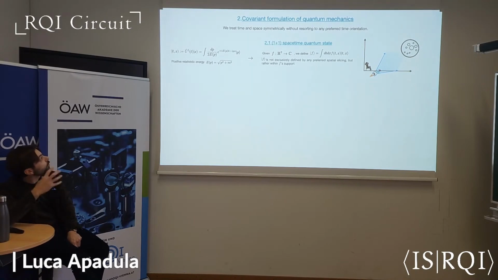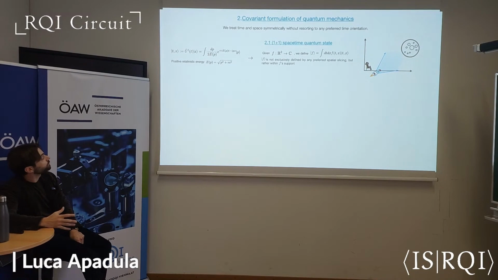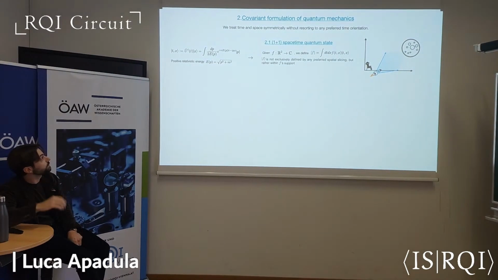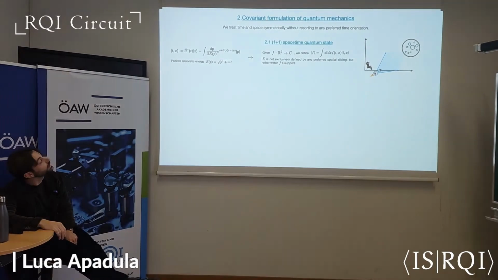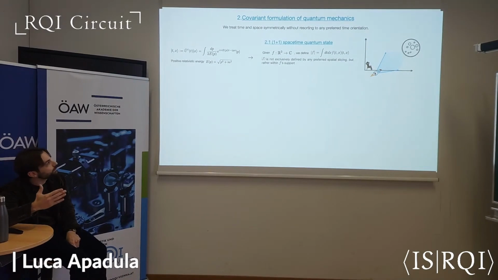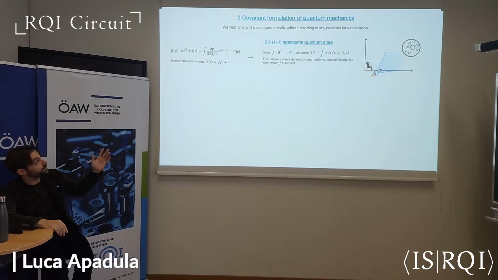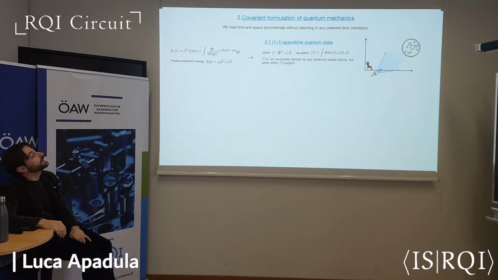So we incorporate space and time coordinates in this so-called space-time ket, where E of p is the positive square root of the relativistic energy. And then by linearity, we define the so-called space-time quantum state. I forgot to say that we reduce the space-time to 1+1 dimensions.